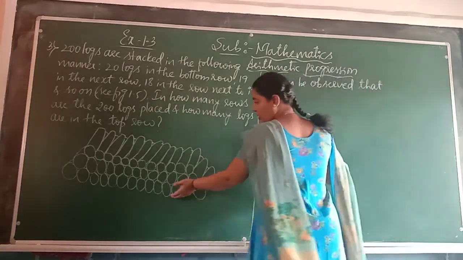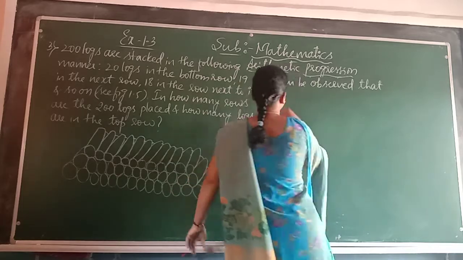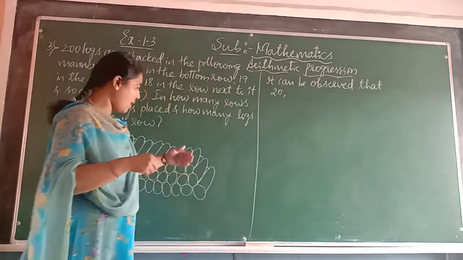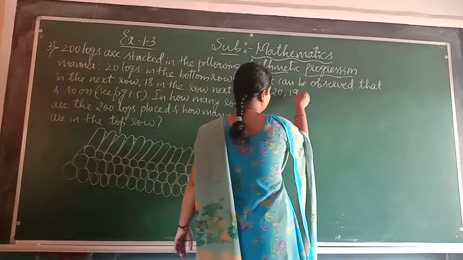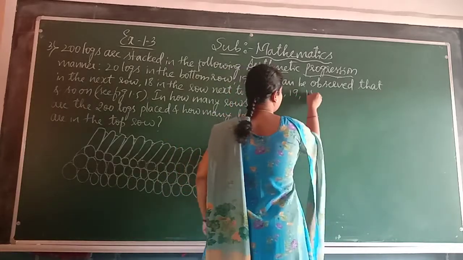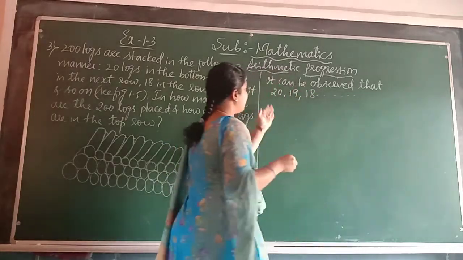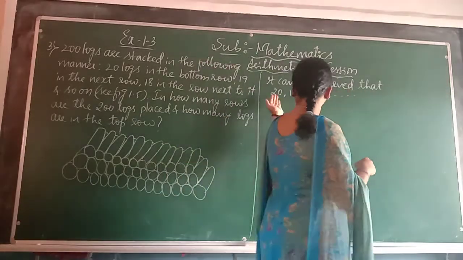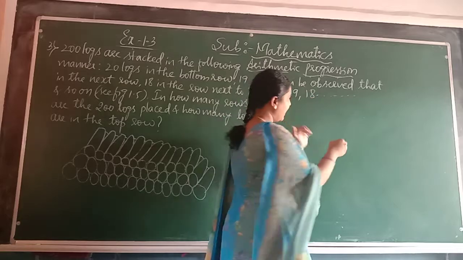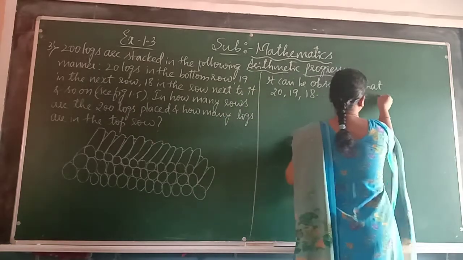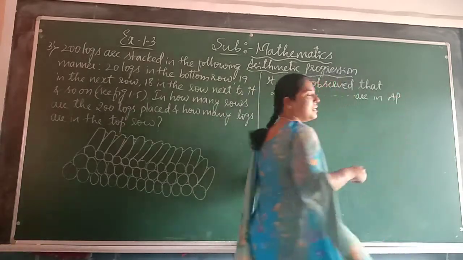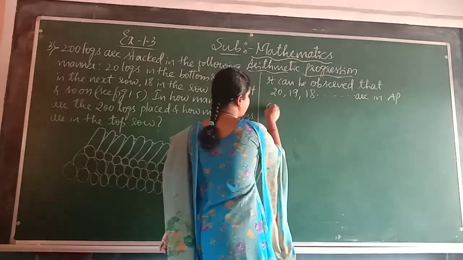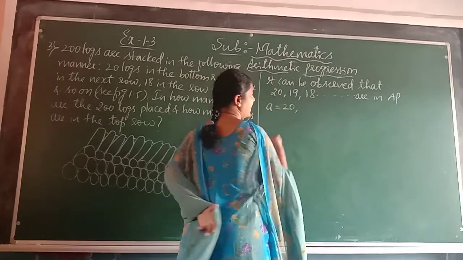It can be observed that in the bottom row how many logs are there? 20 logs are there. Above that, 19 are there. Above the 19 logs, 18 are there. Now these are in AP. It can be observed that 20, 19, 18 and so on are in an AP series. First term a equal to 20.